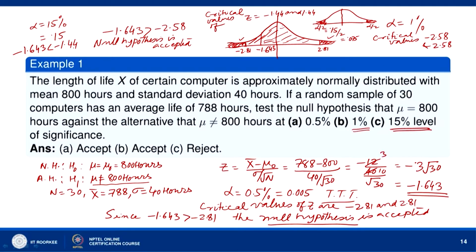Therefore, the value of Z, minus 1.643, lies in the critical region. So, the null hypothesis is rejected, that is, we accept the alternative hypothesis. So, the null hypothesis is rejected in the C case.